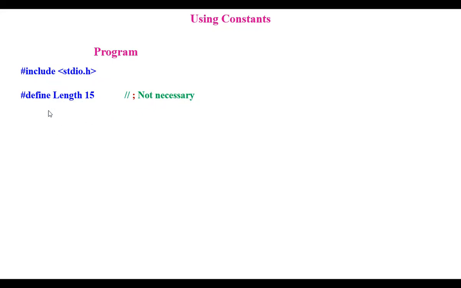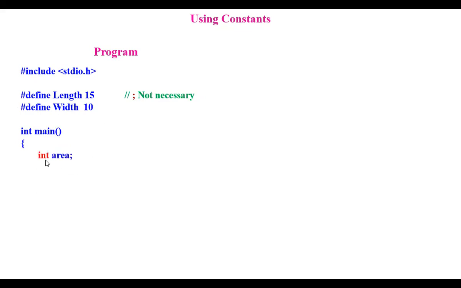These statements above the main need not have a semicolon. The semicolon is only for the statements within the main function. Next, we define width as 10. And now here comes the main, and the actual program starts here. Before this, we have declared these values. These are called preprocessor statements. Preprocessing is done here like this.